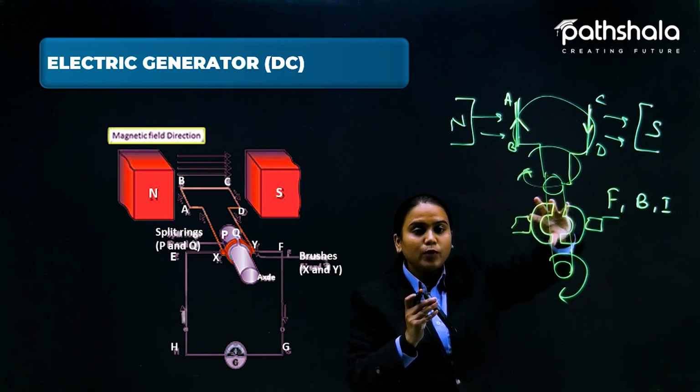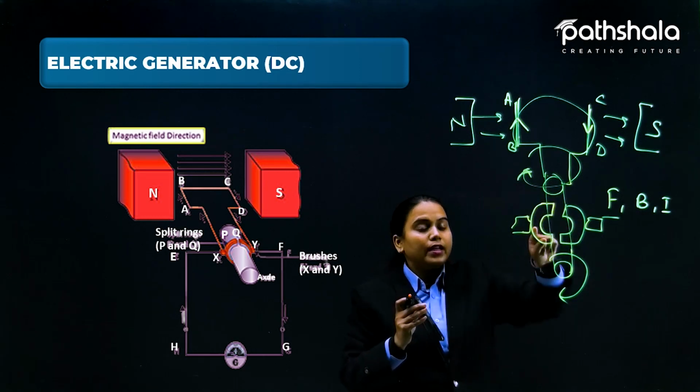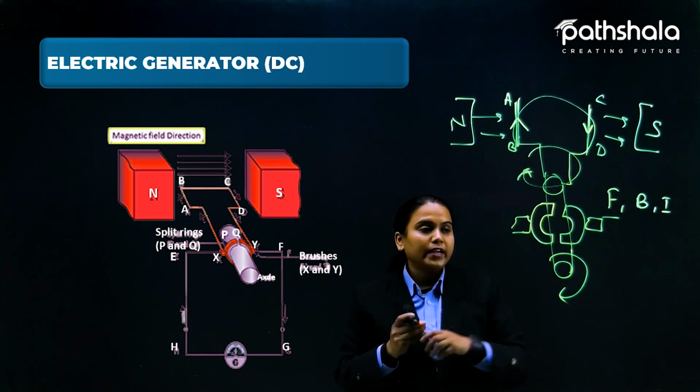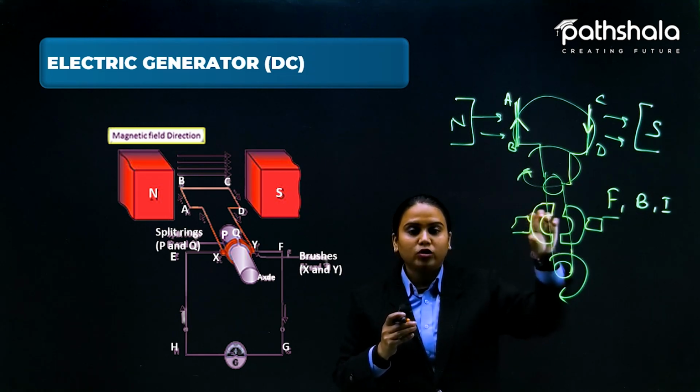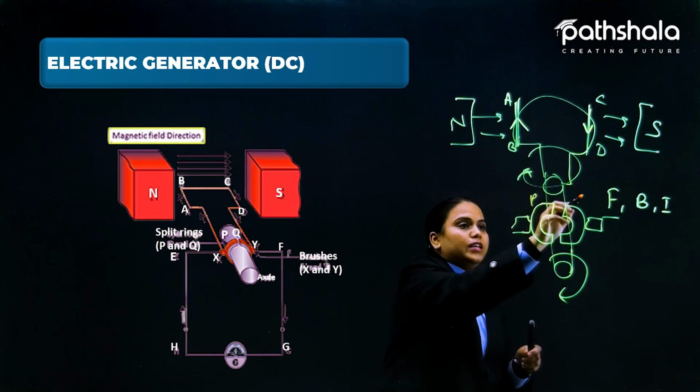So these split rings will rotate like this. Let's suppose this is the split ring, this is P, this is Q.